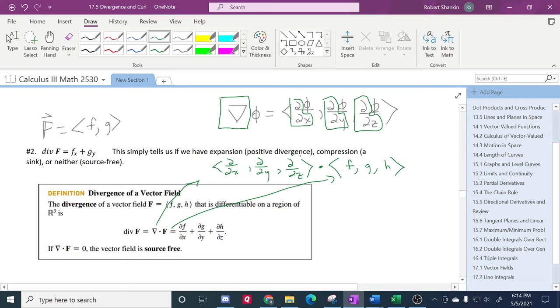The dot product, you put this together with this, you get that. And then you sum them all up. And so this is a handy notation for the divergence of f to quickly come up with this. So, if the divergence of f is 0, we call the vector field source-free. Divergence positive, we call it positive divergence, and it's equivalent to like a gas would expand.